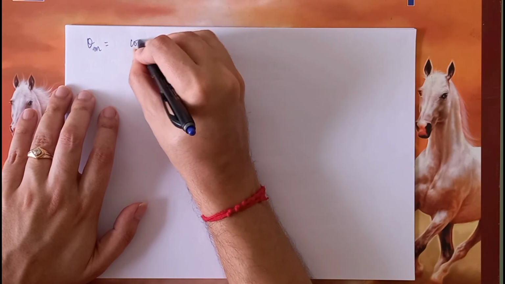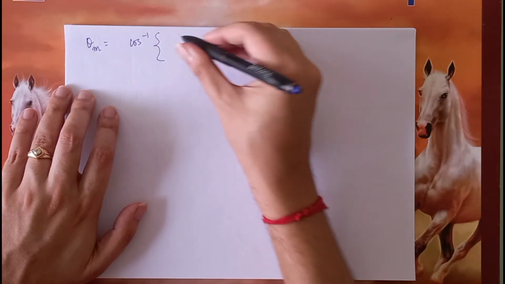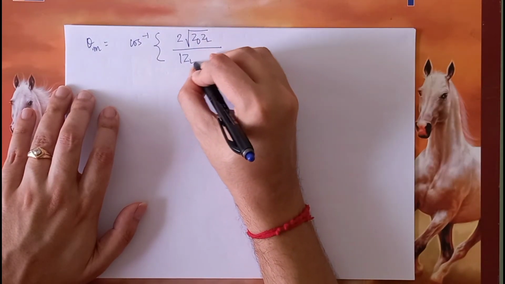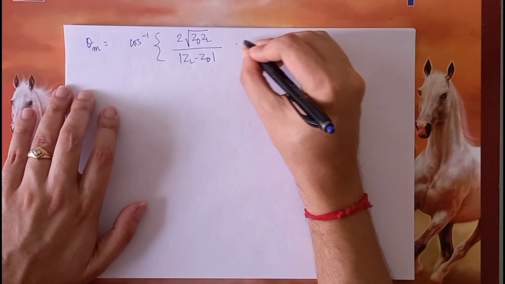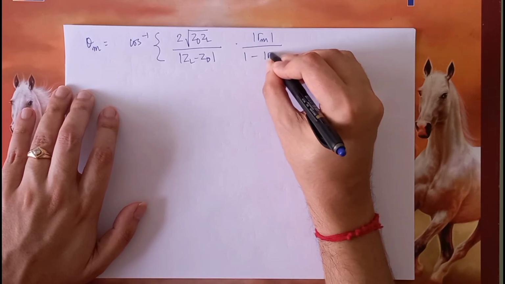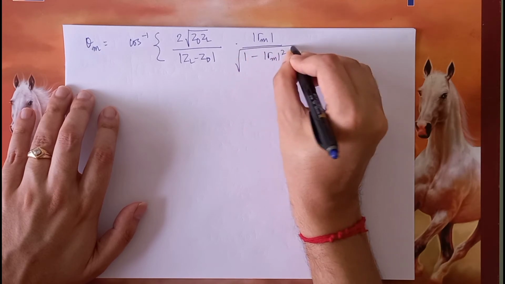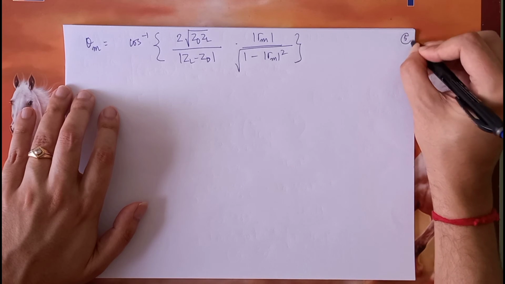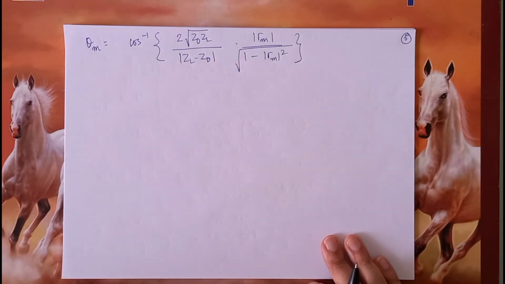Theta m will be cos inverse of the entire term that we just derived. This is theta m. So we have got the first point. We have got the first point where the mod gamma sort of goes below gamma m, right?